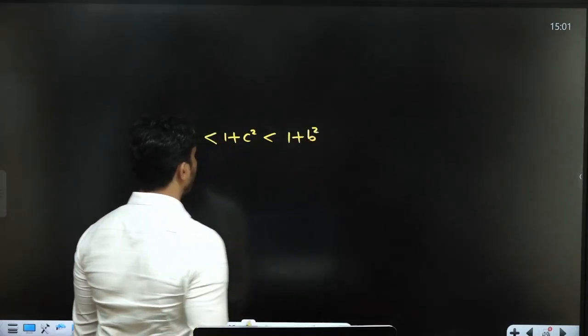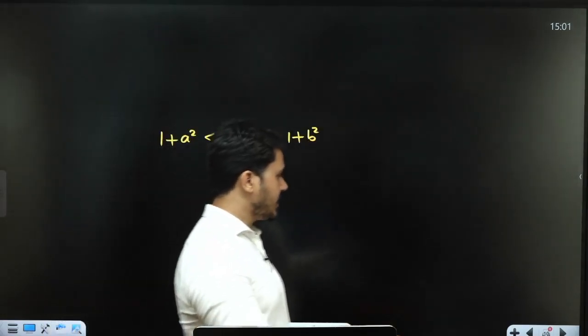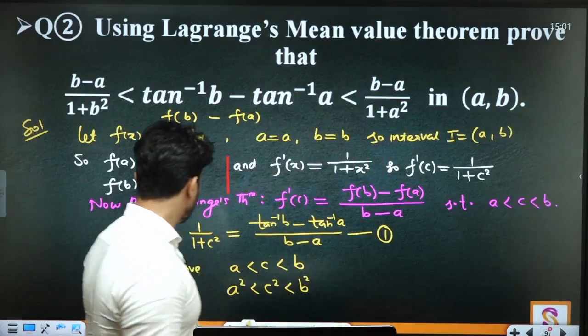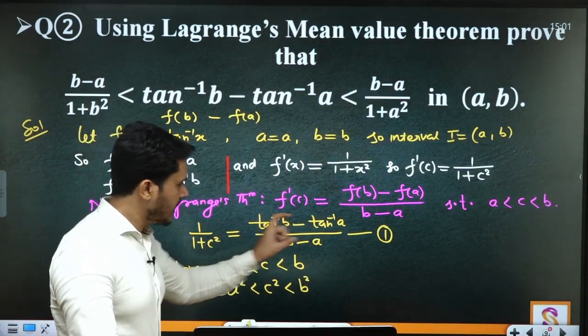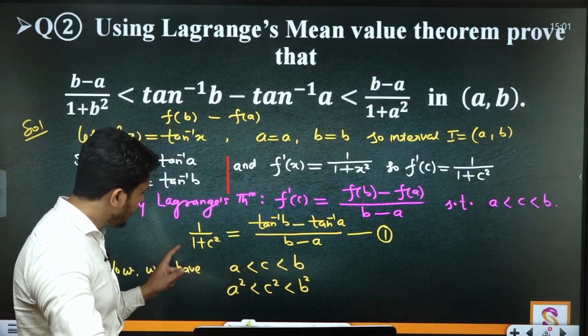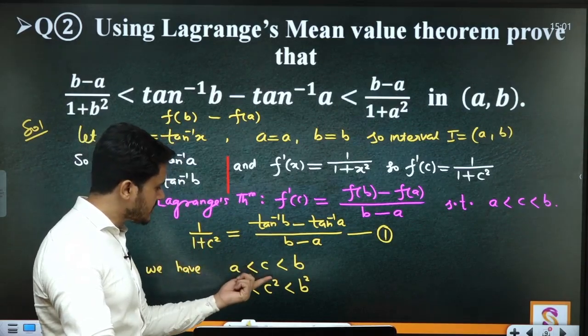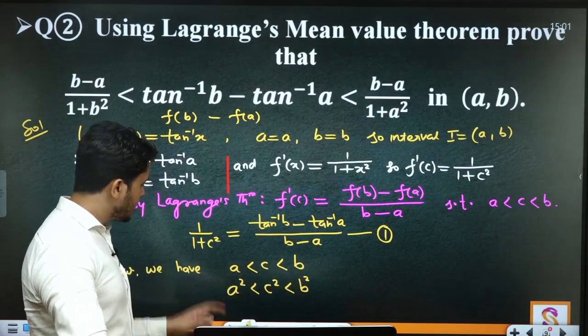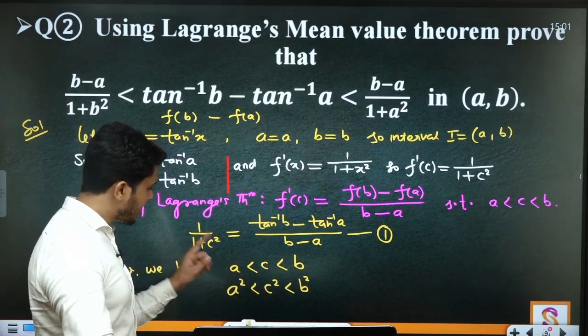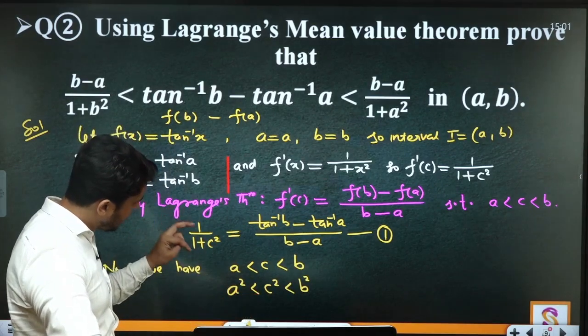Actually you have to make the term like in the given equation 1 upon 1 plus c square from this a less than c less than b. So पहले हमने स्क्वायर किया, उसके बाद इसमें 1 जोड़ा. Now you have to reverse.